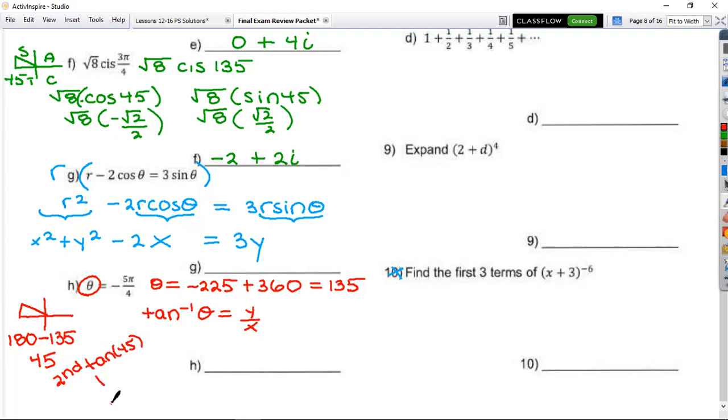You're going to remember ASTC because tangent is negative there. And then you're just going to substitute that into the left-hand side. So the negative 1 is going right up here. So negative 1 is equal to y divided by x. And then cross multiply. So your answer is that negative x is equal to y.